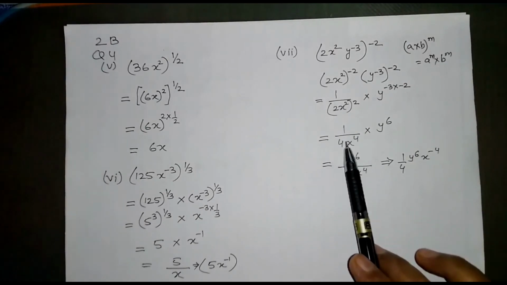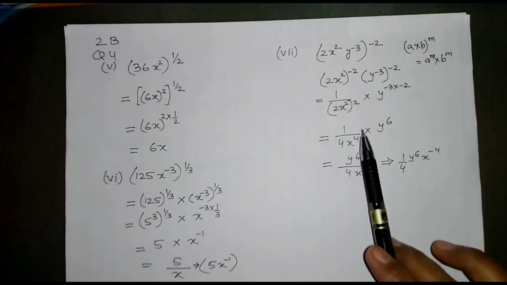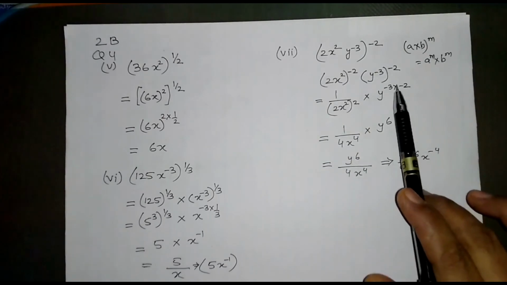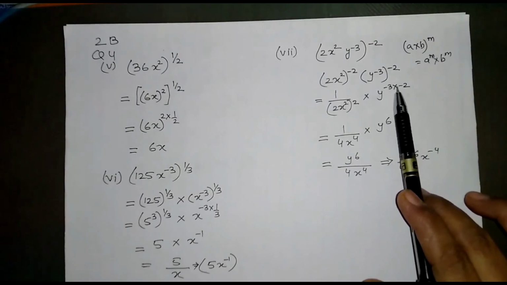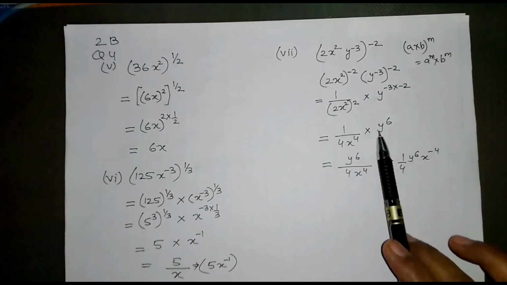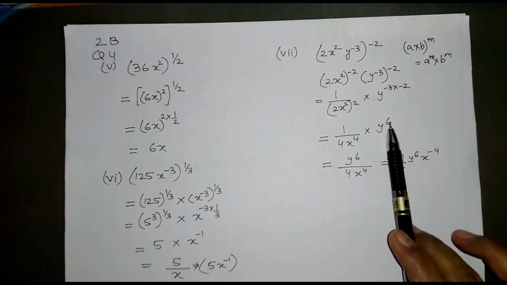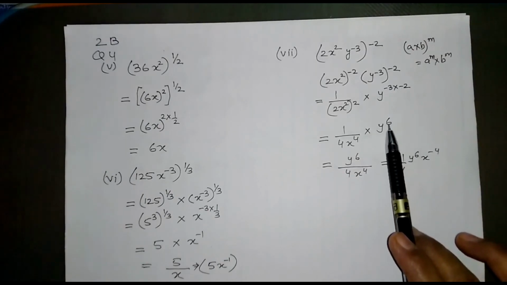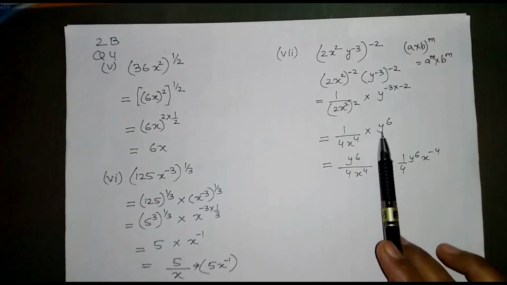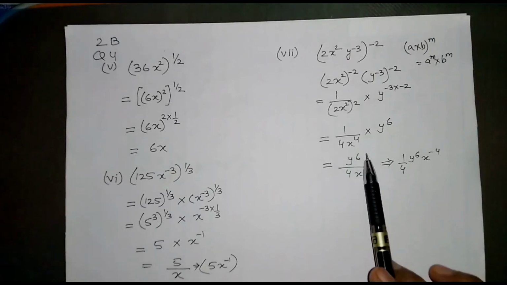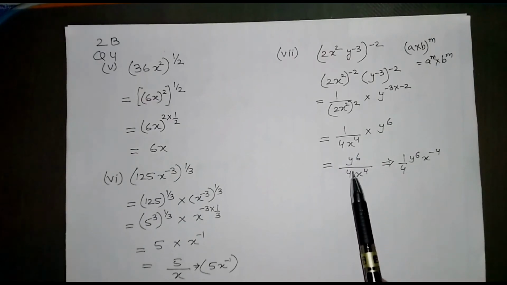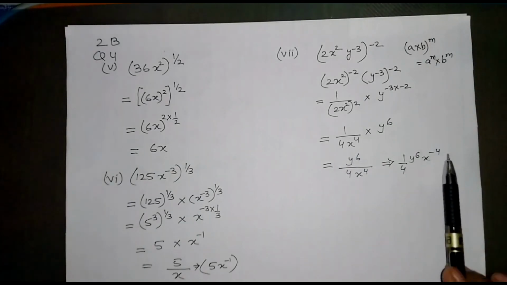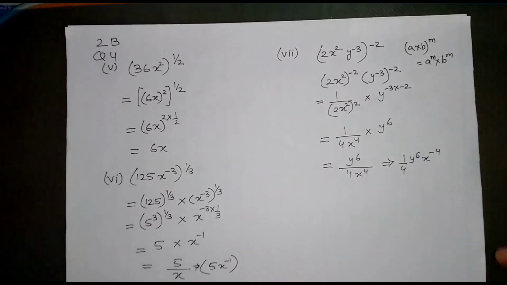So 2 square is 4 and x square is x raised to 4. These two negative powers are getting multiplied, so we have y raised to 6 as plus answer. Minus into minus is plus. So final answer will be y raised to 6 by 4 x raised to 4, or we can write it in this form also.